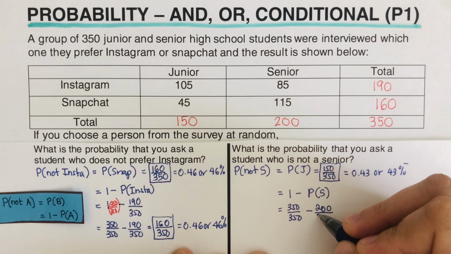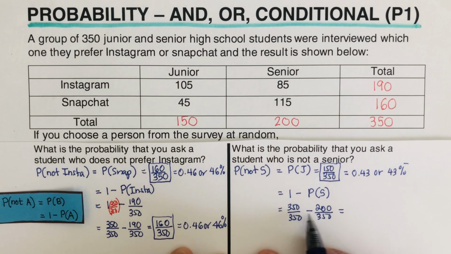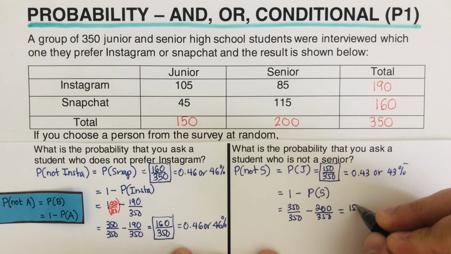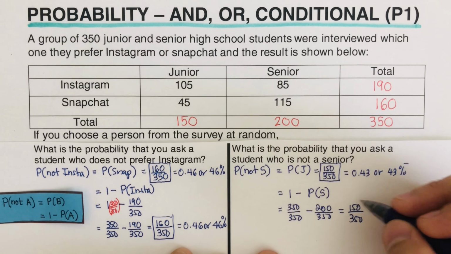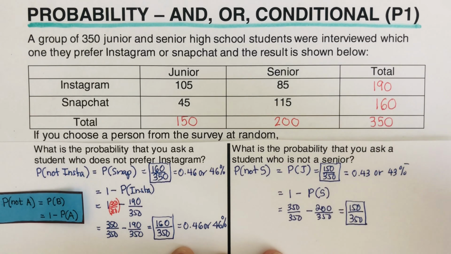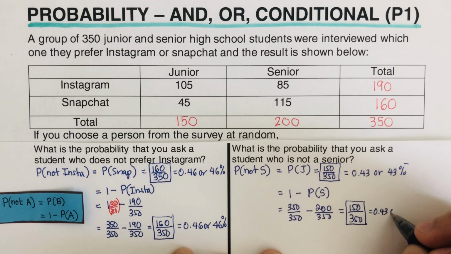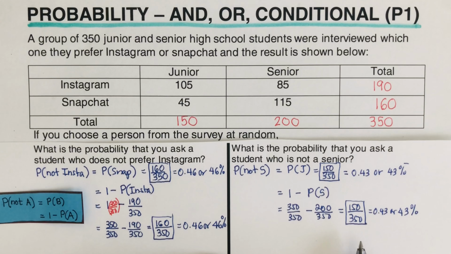So 350 minus 200 is 150 over 350, which is the same as the one we got over here, or again 0.43 or 43%. Did you get the same answer as this?